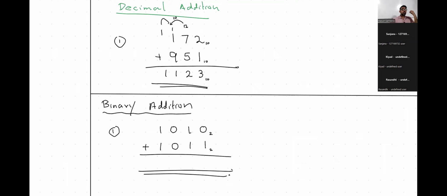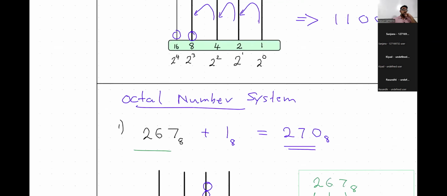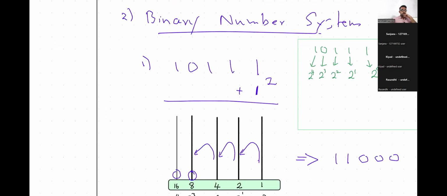Do you remember the way we add 1 to this binary number? If you got 2 circles, we take those 2 circles into next position as a 1 circle, right?